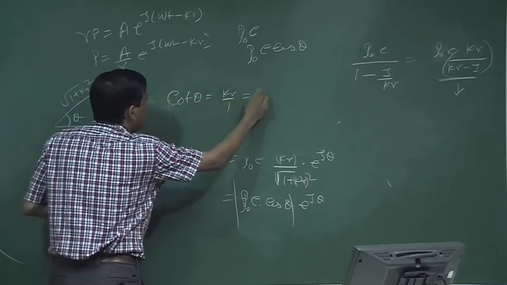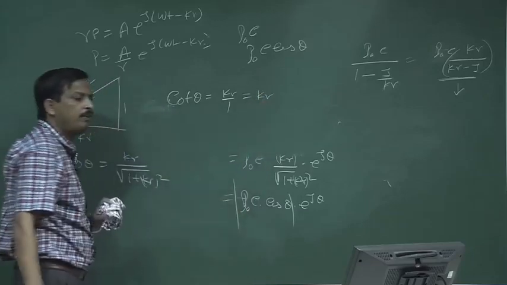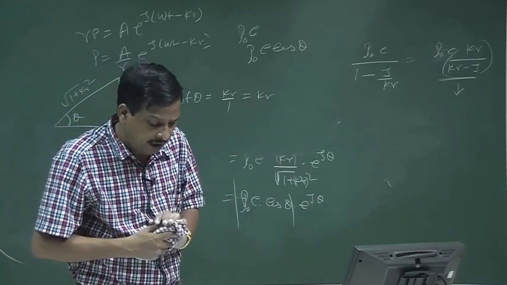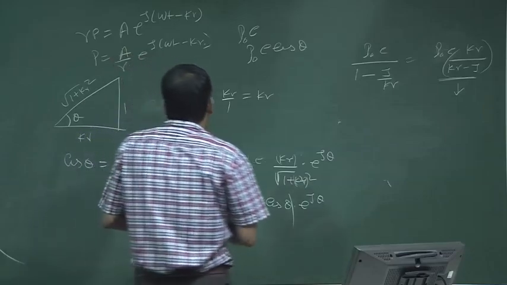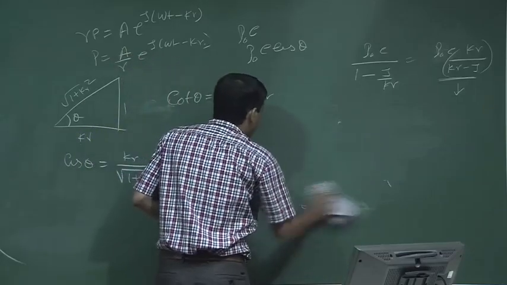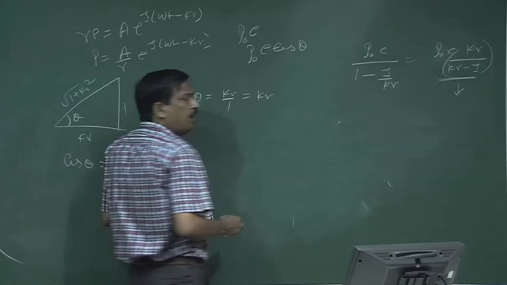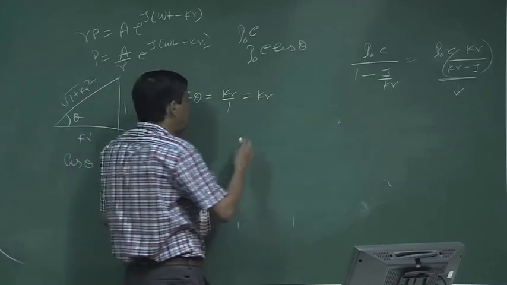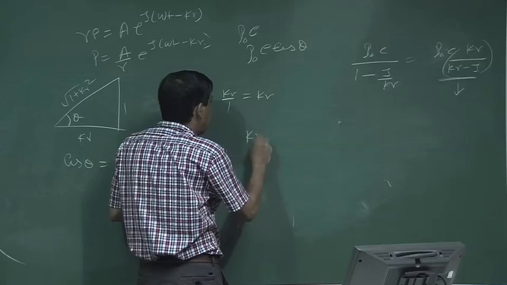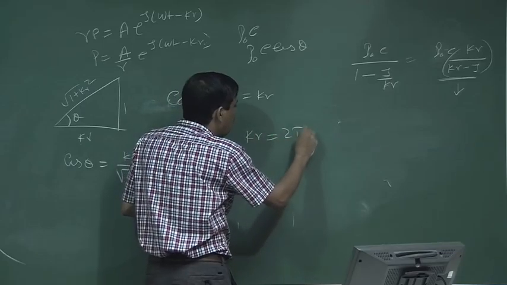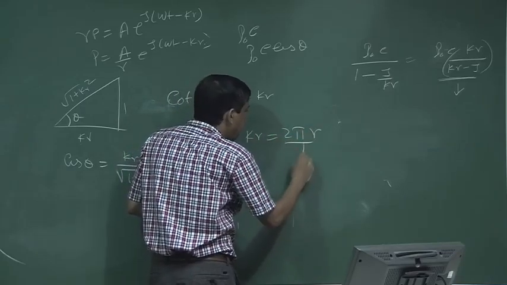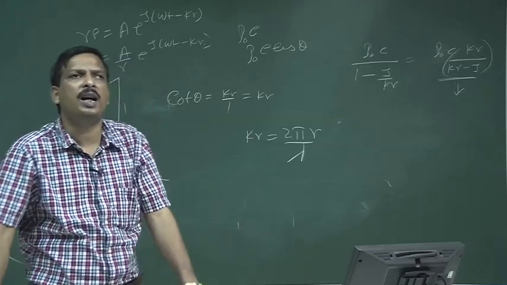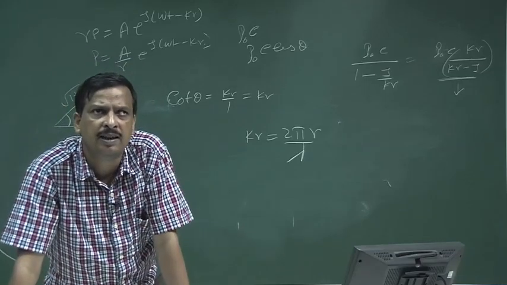So, cot theta is nothing but kr. Now, what is kr? R is the distance from the source. What is k? K is omega by c. So, I can write kr is nothing but 2 pi r divided by lambda.